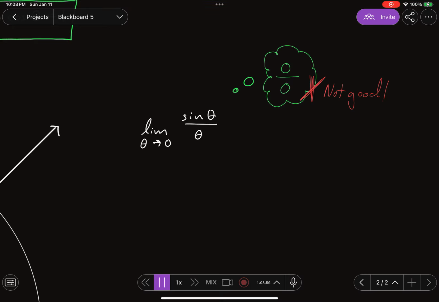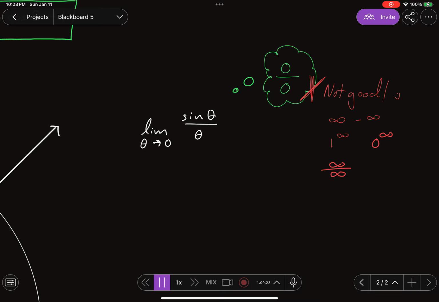Other ones are infinity minus infinity. That's called an indeterminate form. 1 to the power of infinity, 0 to the power of infinity, infinity to the power of infinity. Oh, I actually think that one's just infinity, so that's all good. What other ones are a problem? Oh, infinity divided by infinity. That's also an indeterminate form.